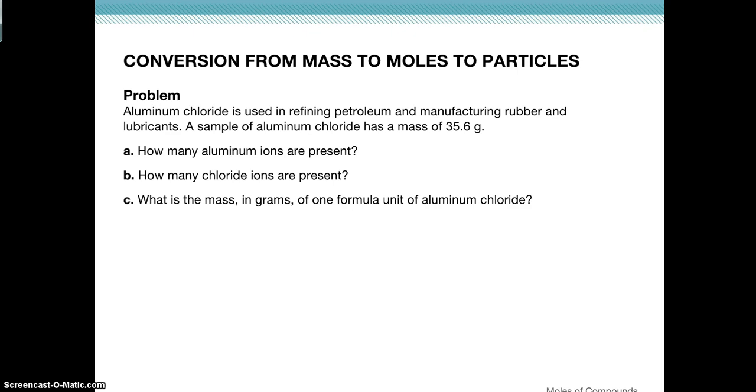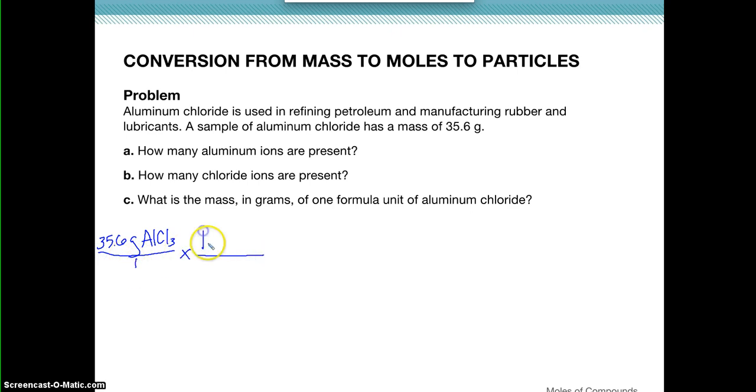Okay, so for question B, the question is how many chloride ions are present. So we're going to start the problem the same way, but the difference is going to be how we end. We're still going to start with what we're given, 35.6 grams of aluminum chloride over 1.